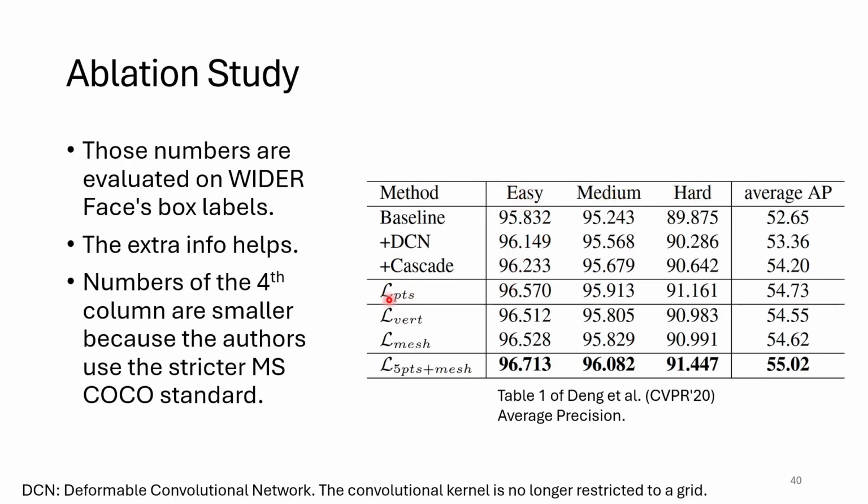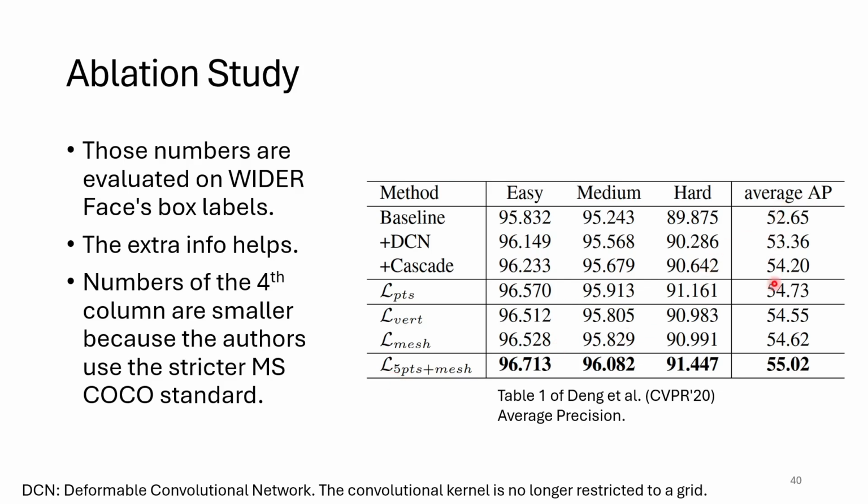They found that if they use the 5 landmark annotations, the performance improved. If they introduce the 3D vertex loss, the accuracy further improved. And if they use the mesh plus vertex, the performance improved even more. So the best case is when all additional annotations are used.